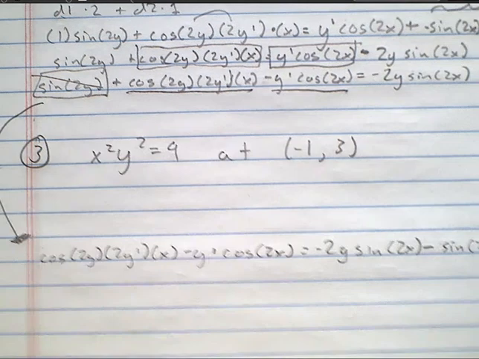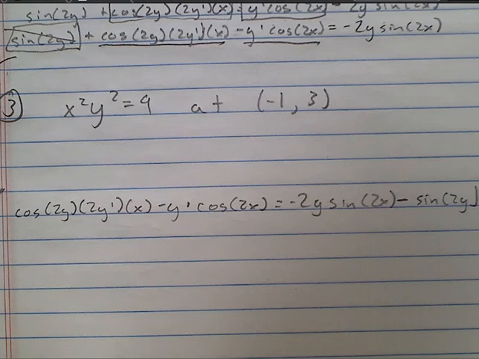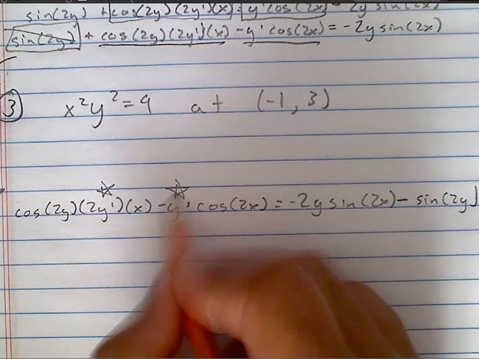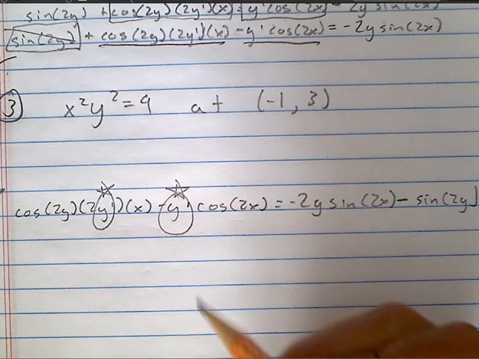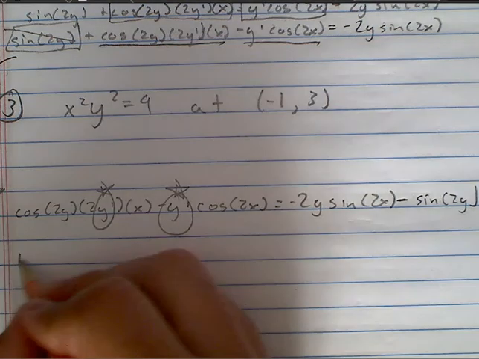Wow, that's a lot. And now I've got my y primes on the same side, so we can use the greatest common factor technique to factor those out. Y prime factored.